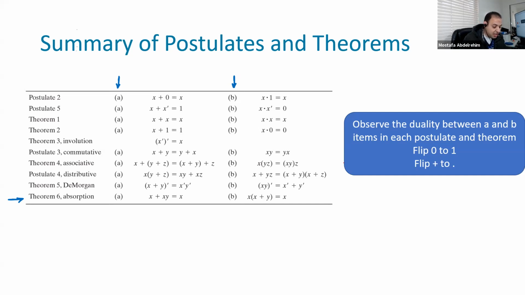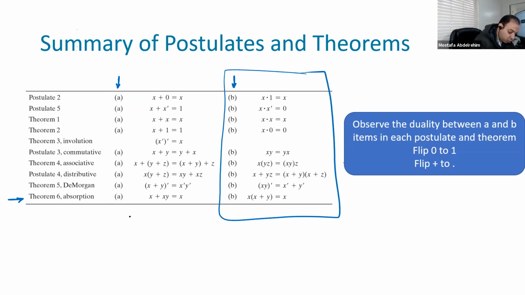If we just hide this part here, we could prove only the a part, all the postulates and theorems of a, and just by changing the 0 into 1, or the 1 into 0, or into and, or dot, you can get part b.